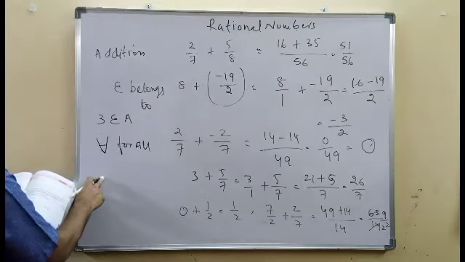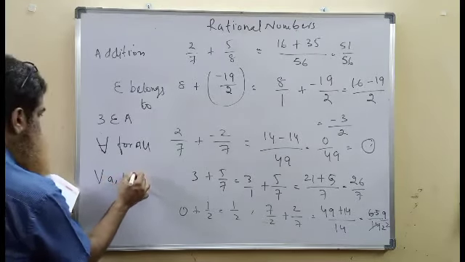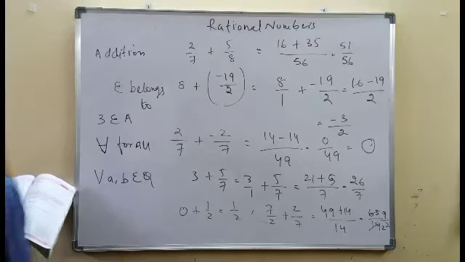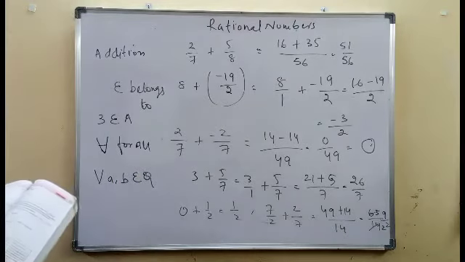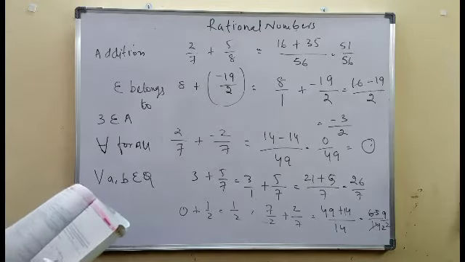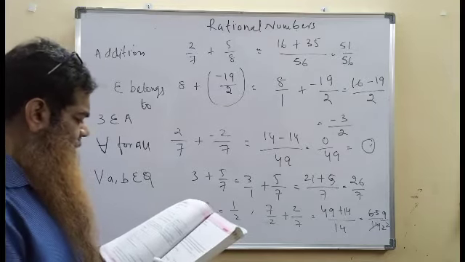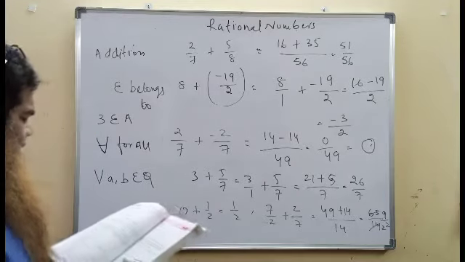If we write A, B belongs to Q, it means for every element A, B of Q. So, for any two rational numbers, the rational numbers are closed under addition.